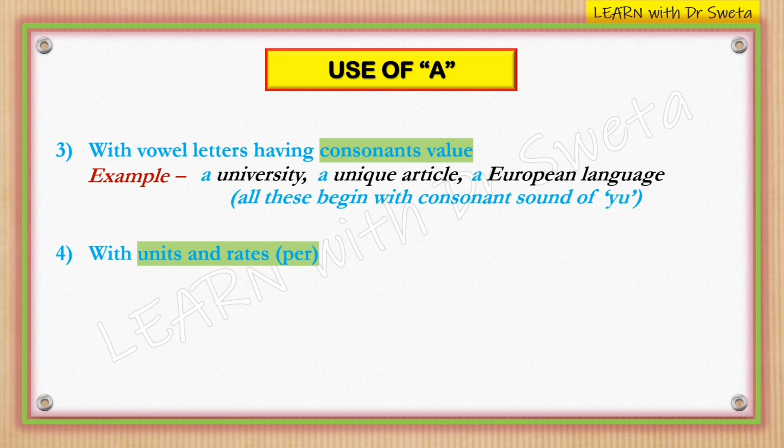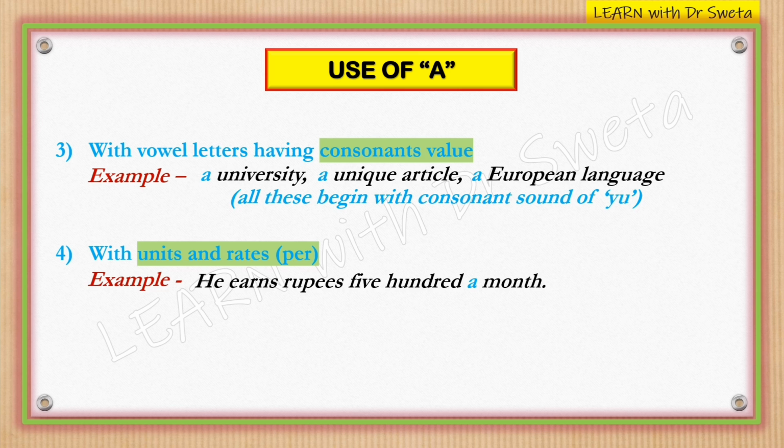Next is with units and rates. So, a is used to indicate a rate or unit, often meaning per. For example, he earns rupees 500 a month, meaning 500 per month. Rice sells 70 rupees a kilo, meaning 70 rupees per kilo.